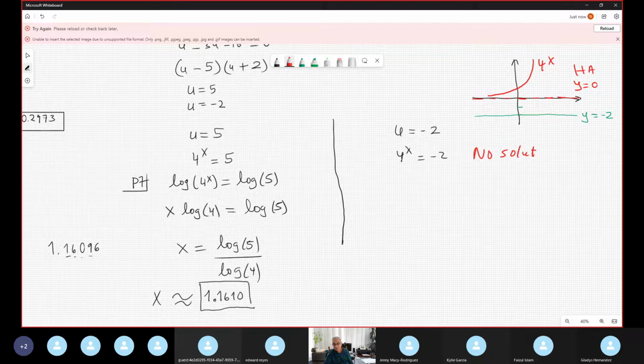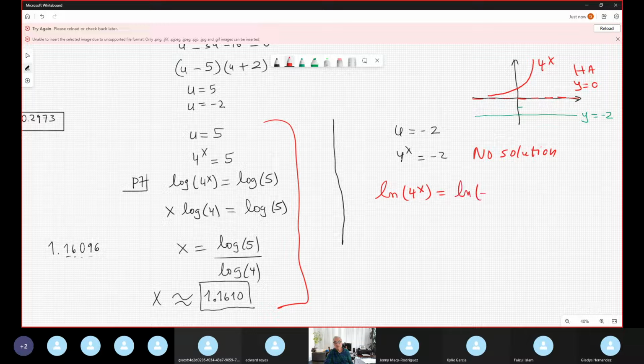Suppose you don't know. No problem. Another possibility is to solve exactly the same way we did here. You apply logarithm on both sides, natural log or log, either way. You apply property number 7 one more time, and this x goes to the front.